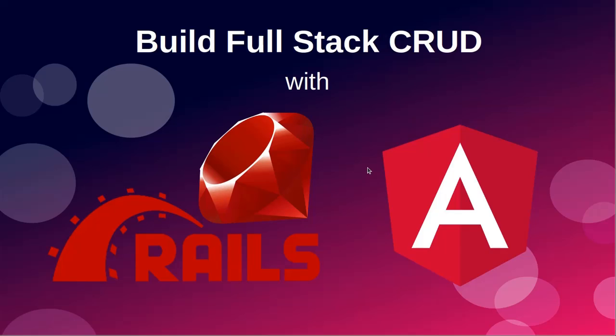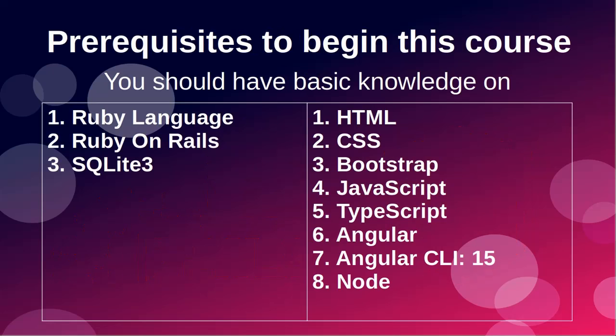In this tutorial, I am going to build a full stack CRUD application with Angular and Ruby on Rails. Before starting this course, you should have basic knowledge on Ruby language, Ruby on Rails framework, and SQLite database for the backend application.